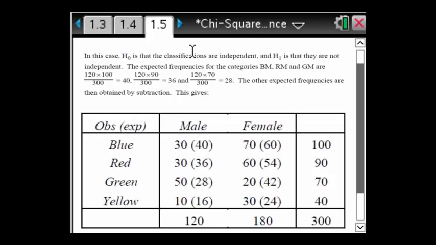And then the others have been calculated as shown and specified in brackets. So you end up with a set of observed frequencies and a set of expected frequencies. And then what the calculator does, which we'll show you in a moment, is it calculates the sum of O minus E all squared divided by E, and gives us a test statistic which we can compare against the critical test statistic.